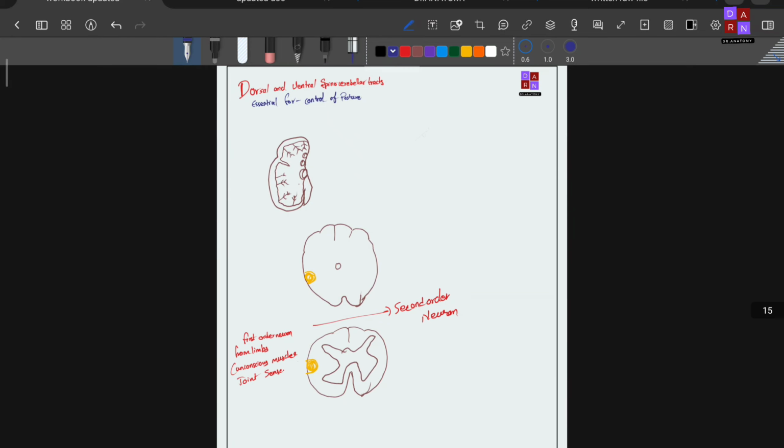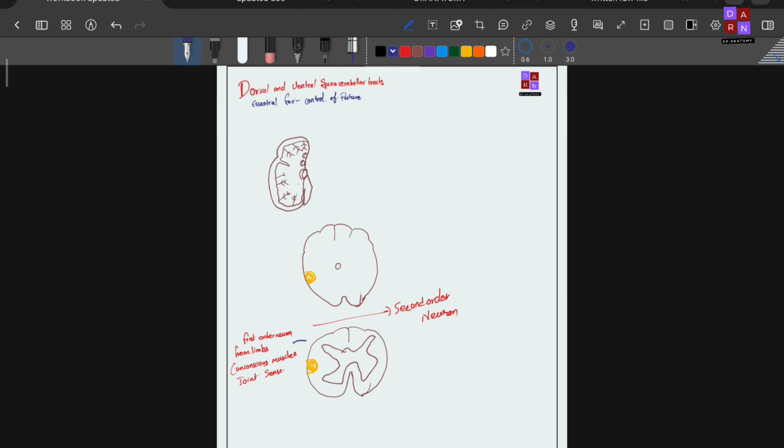The next tracts we are going to discuss are the dorsal and ventral spinocerebellar tracts. First, the dorsal spinocerebellar tract. It takes unconscious muscle and joint sensations. The tract starts from the spinal cord.